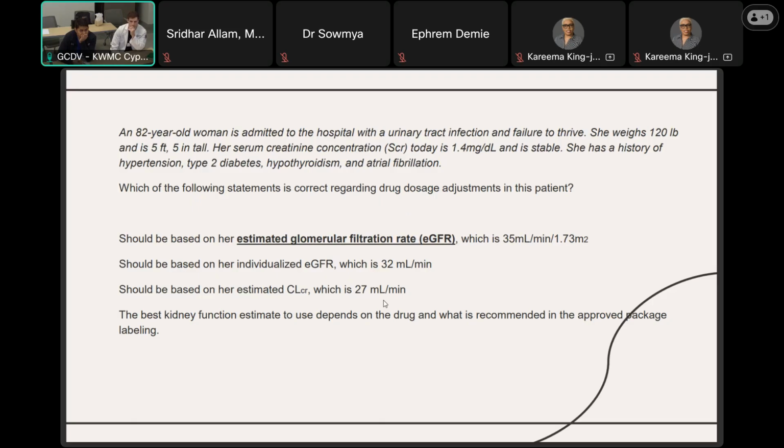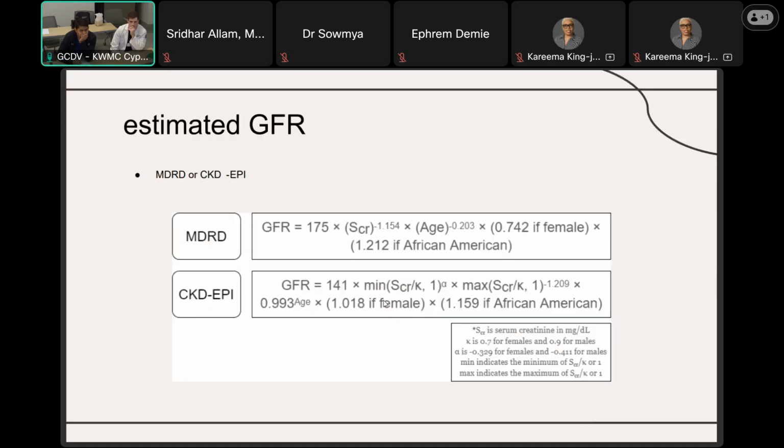So what is estimated glomerular filtration rate? So estimated GFR is an estimation of, of course, the glomerular filtration rate that is done using some standardized formulas. So as of now, we estimate the GFR mostly using the CKD-EPI equation, and previously we have also used the MDRD. Now, these are complex equations, but there are calculators available online, and that can be used.